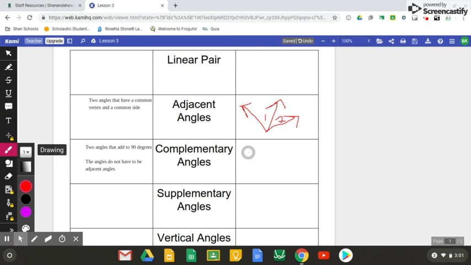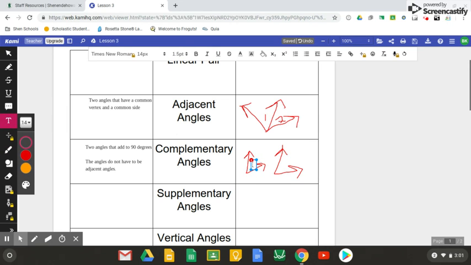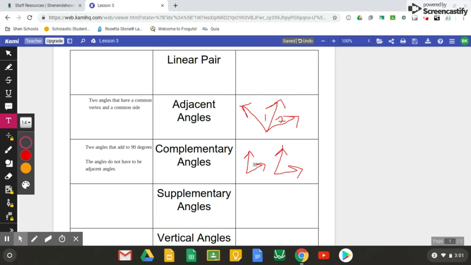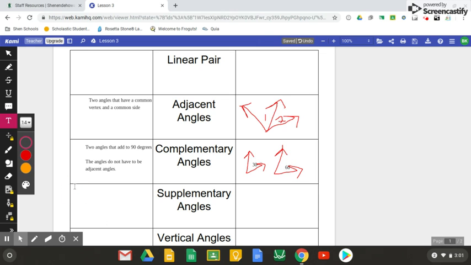They just have to add to 90. So if you want to draw two angles, one's a little bigger than the other, maybe not size-wise, but angle measure-wise. And then we're just going to pick two numbers that add to 90. So I'll make this one be 30. This one is 60. That's complementary angles.